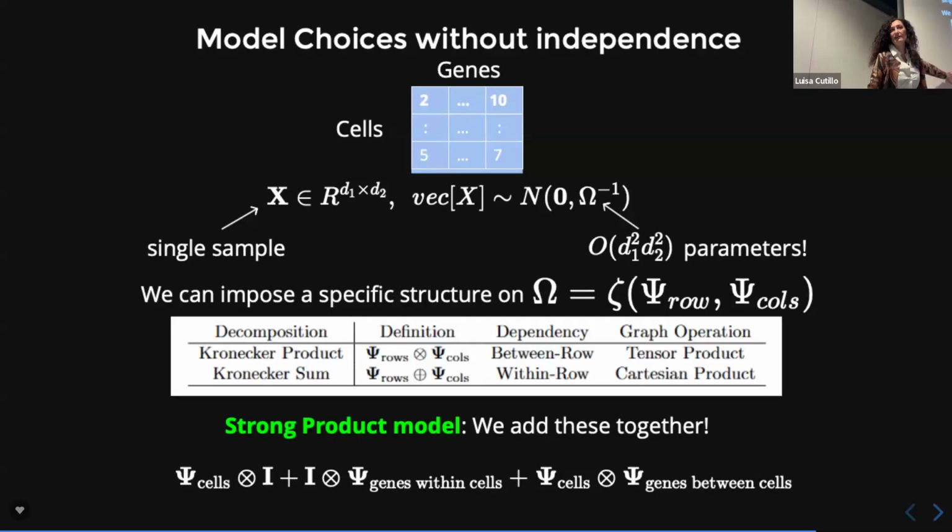This is the strong product. That's what we did. There are two parts, but we keep the same precision matrix along the same axis in the two parts, and we are splitting the variability into these two.